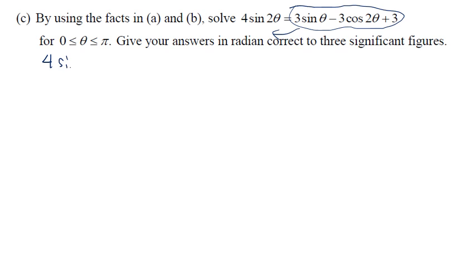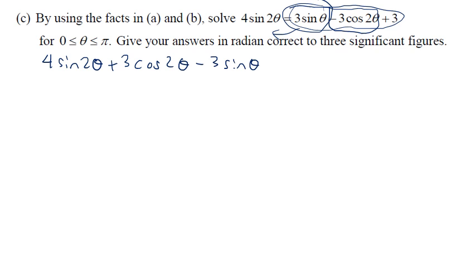So for sin 2 theta, and then we move this one first. Moving to the left will be positive 3 cos 2 theta, and then this one, 3 sin theta, will become minus 3 sin theta, and lastly positive 3, bringing to the left, will be minus 3 equals 0. And notice that when we compare to the question in the first part, it's actually a similar thing, right?